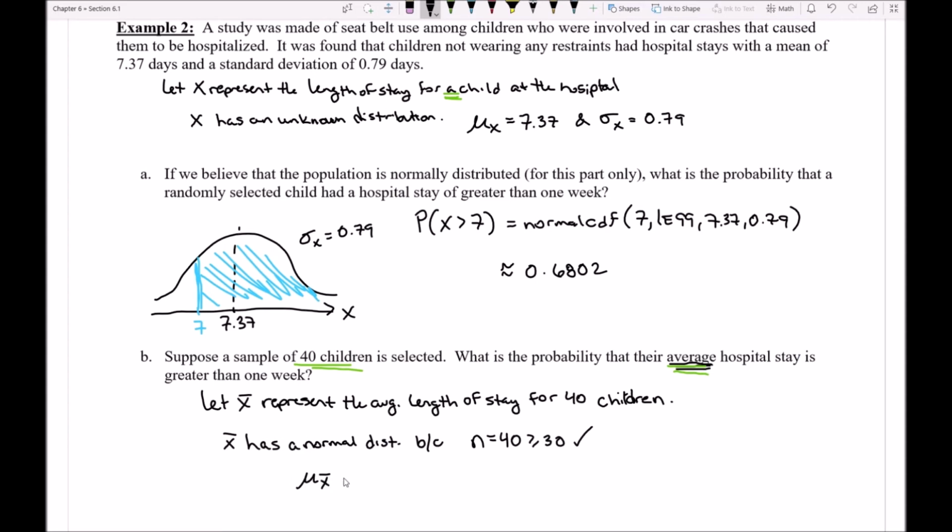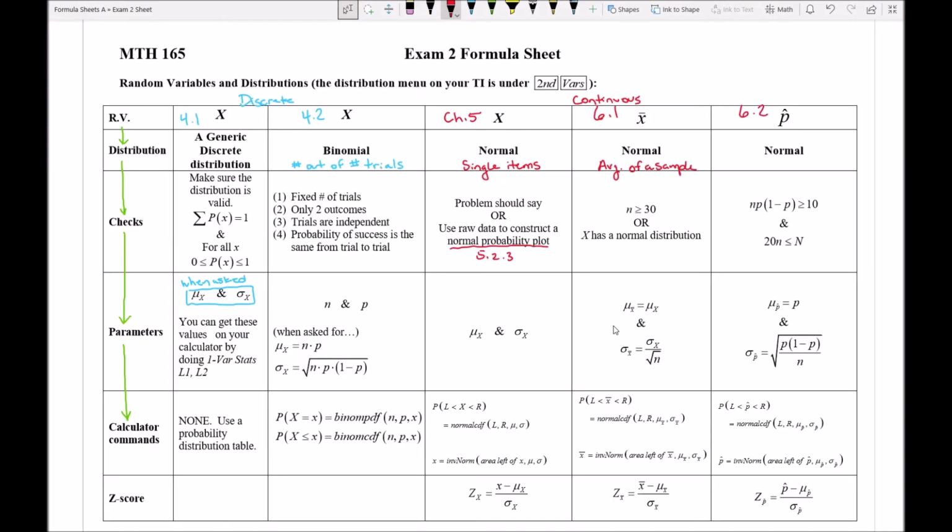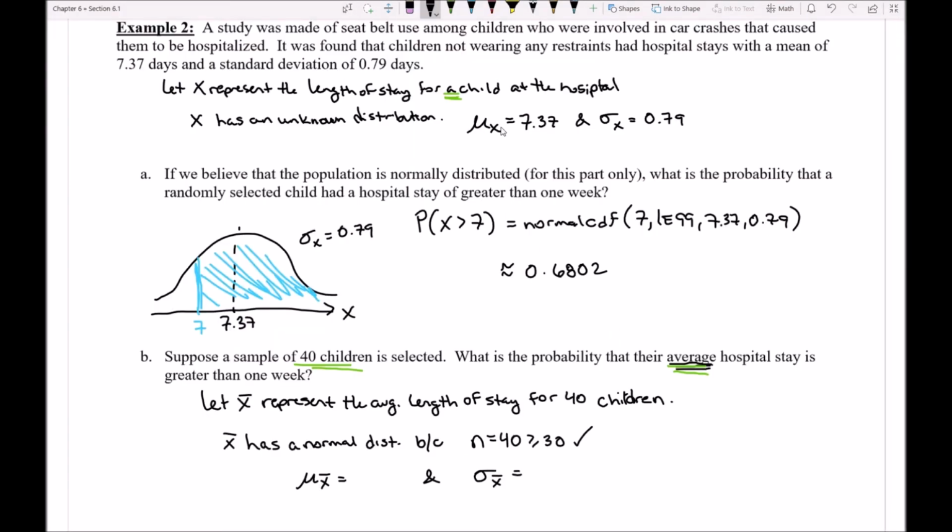And I can also see that I can find an average for my x bar and a standard deviation for my x bar. So I could be ready to draw an x bar picture. Well, I'm going to follow the formulas from the formula sheet. The average for x bar should be the same as the average for x. Okay, so here's the average for x.